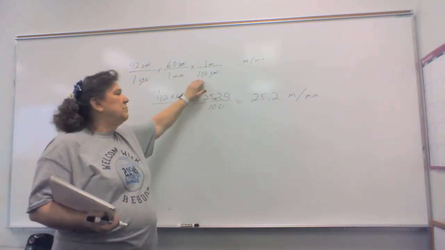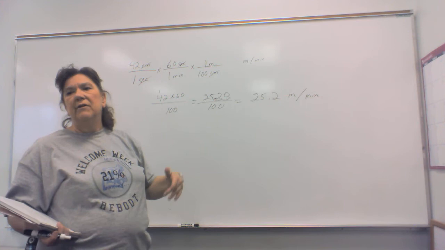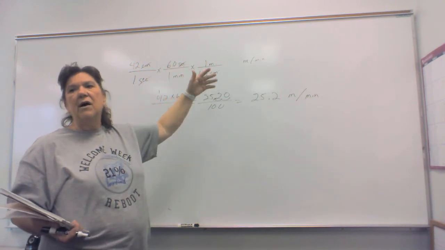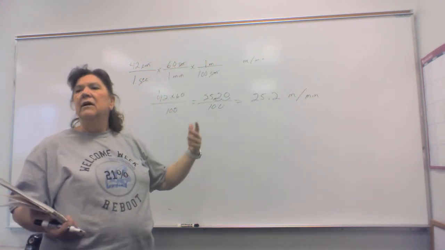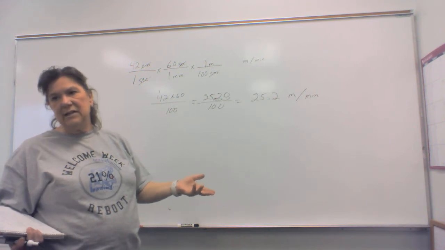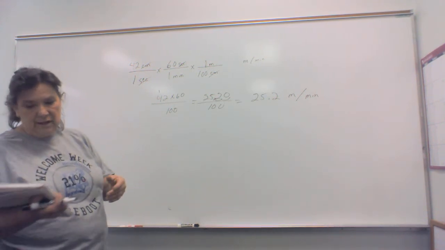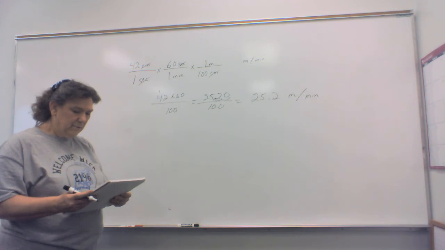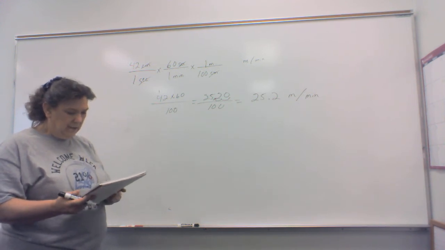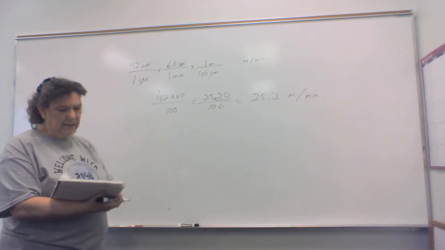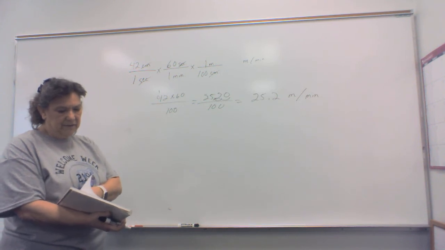If you have a 10 to the negative 12 and a 10 to the 9, it's easier to add those exponents than it is to keep track of all those zeros. So it's really good that we can do it that way. Okay, let's look at some others.